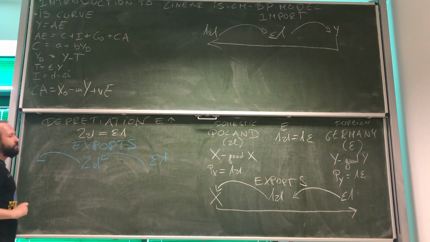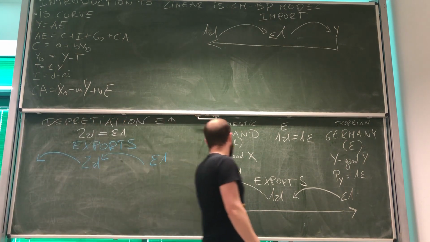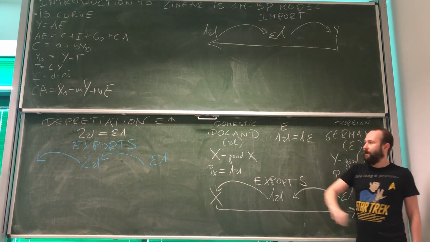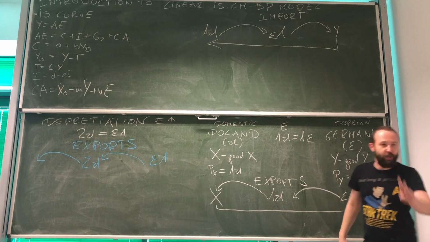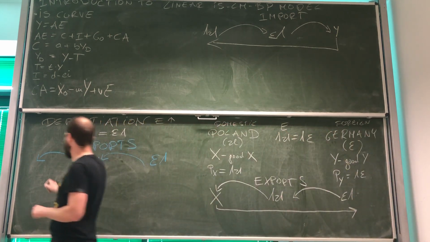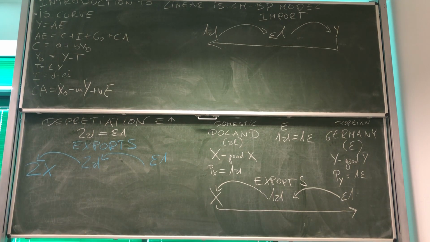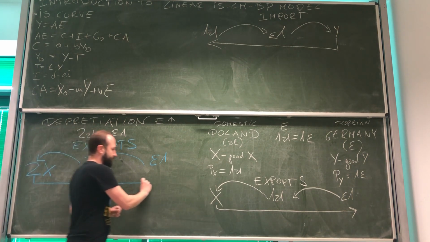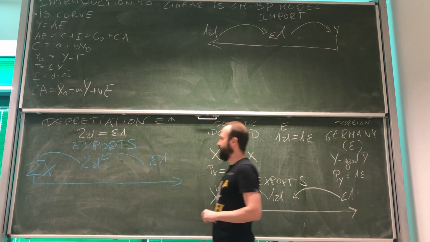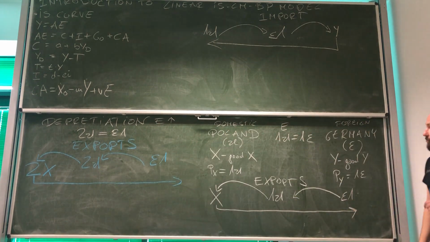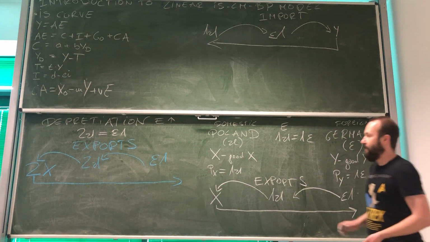And with these 2 zloty, our German can buy 2 units of good X. And now those are going to Germany.